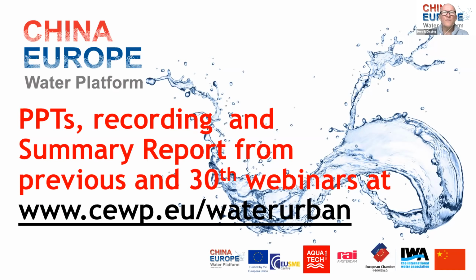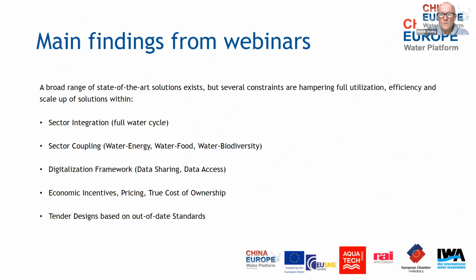As I said, a number of main findings have been identified, and what we can say within all of these aspects is that a broad range of state-of-the-art solutions exist. Very interesting, very promising, very efficient solutions, but also some where we can see several constraints are hampering the full utilization, efficiency, and scale-up of these.